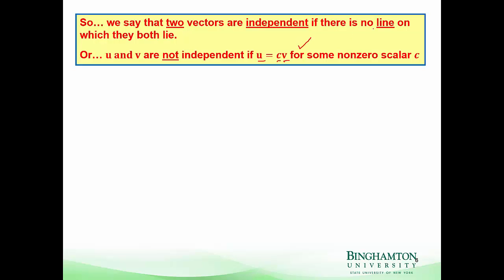So this is just another way of saying this, right? Because if u and v lie on the same line, by multiplying v by c, I can stretch v or shrink its length to match u, or if u is pointing in the opposite direction, I can flip it around.